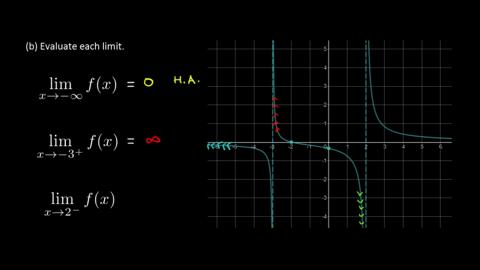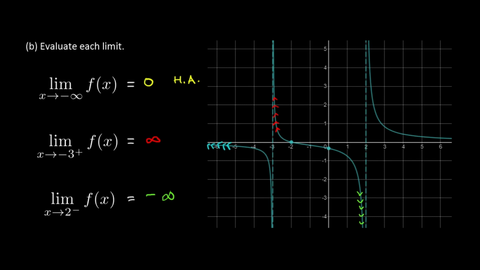So all those y values are getting smaller and smaller. So we can say that this limit equals, be careful using that wording, negative infinity, but really what we're saying is that the closer x gets to 2 from the left, the smaller the function values become.